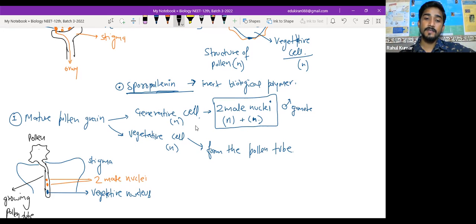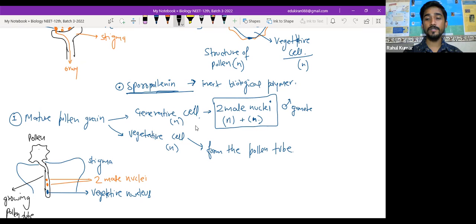And the vegetative cell is responsible for the formation of the pollen tube. Is it clear, everyone? Yes, sir.